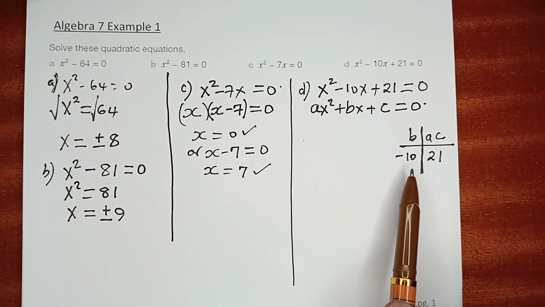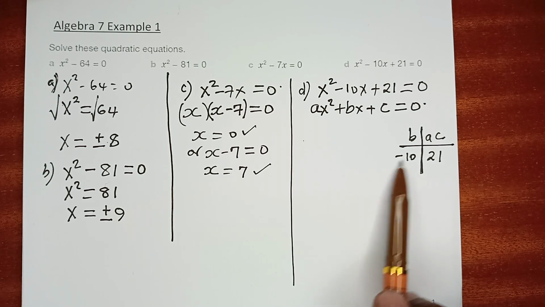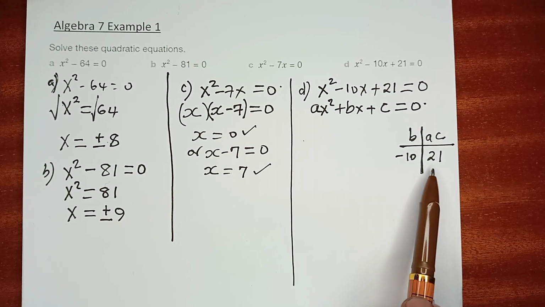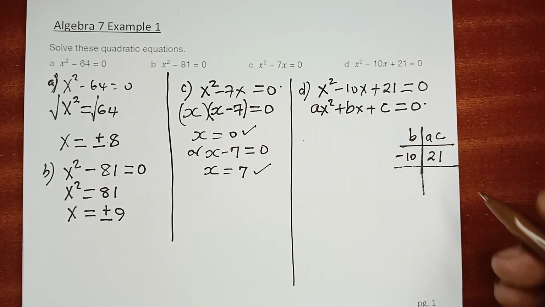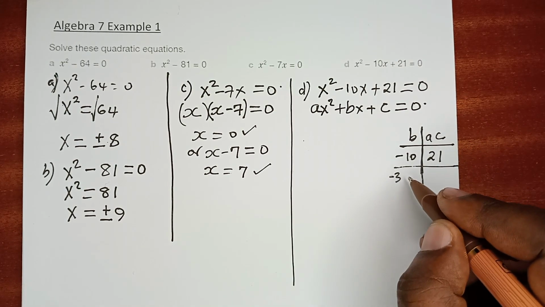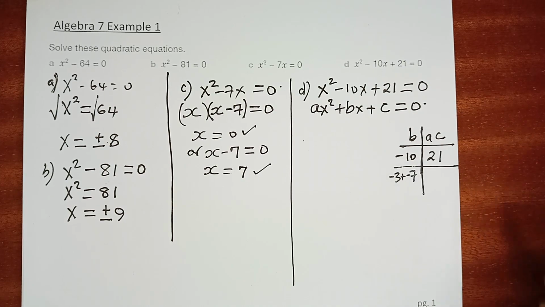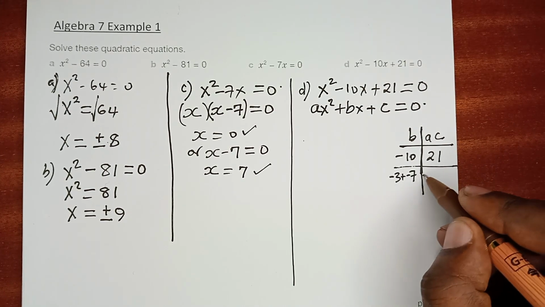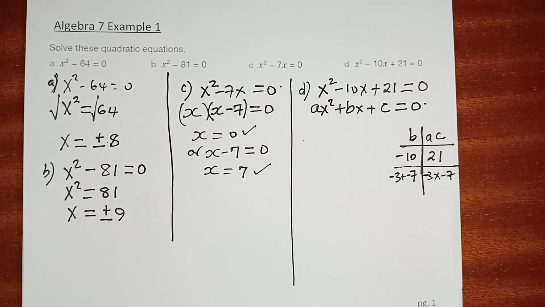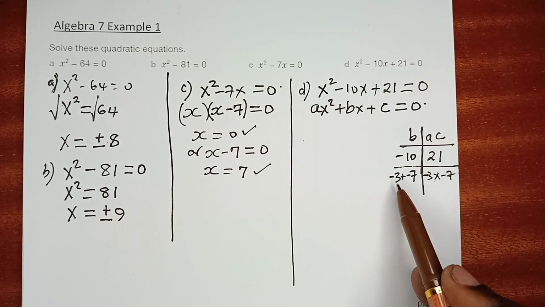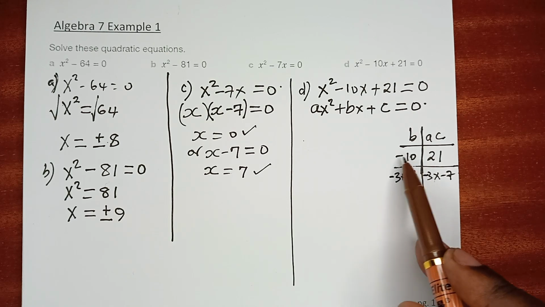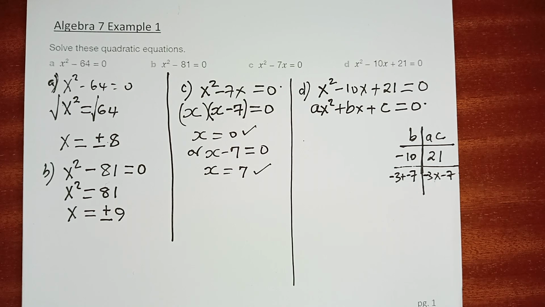I repeat, which two numbers, when we add them, give us -10, and when we multiply them, give us positive 21? Well, you'll have to think, but outrightly we have a -3 and a -7, which is -10, and the same -3 times -7 is positive 21, because negative times negative is positive. A negative plus another negative is a bigger negative.